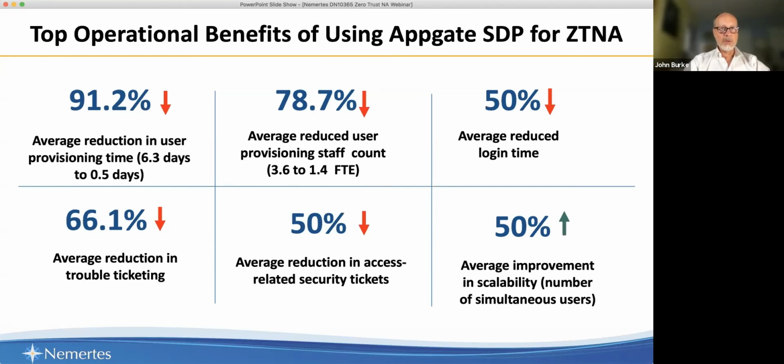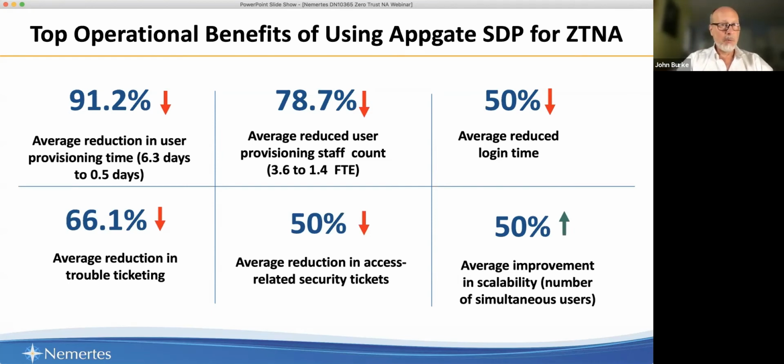And using Appgate and controlling that from a single place with a single set of privilege controls eliminated that repetitive and error-prone piece of the work for them, and ultimately allowed them to actually get rid of the VPN appliances as well, although that took a little longer.